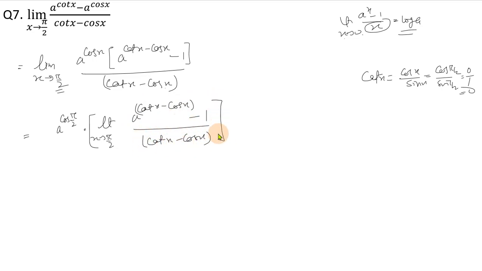Now comparing this term with this formula, in place of x we have cot x minus cos x in the power of a and in the denominator. So a power cos 90, cos 90 is 0, a power 0 is 1, and this term is equal to log of a. So the answer is log a. Why? Because we should have the same factor in the denominator as it is in the power. I hope this is clear to you.